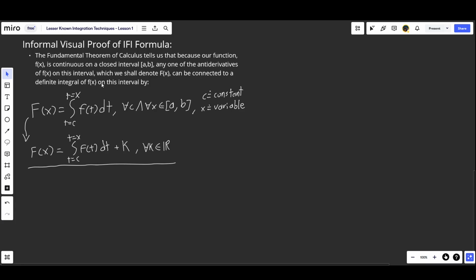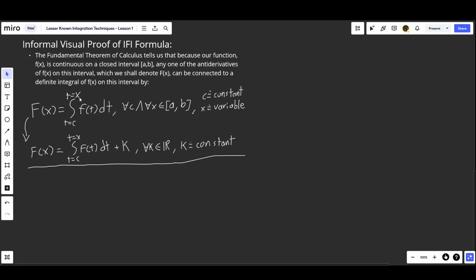And from this point forward, we're going to denote an arbitrary antiderivative of f of x to be capital F of x. Now, the actual connection between an antiderivative of a function and a definite integral of a function on a closed interval where that function is continuous is given by this formula.